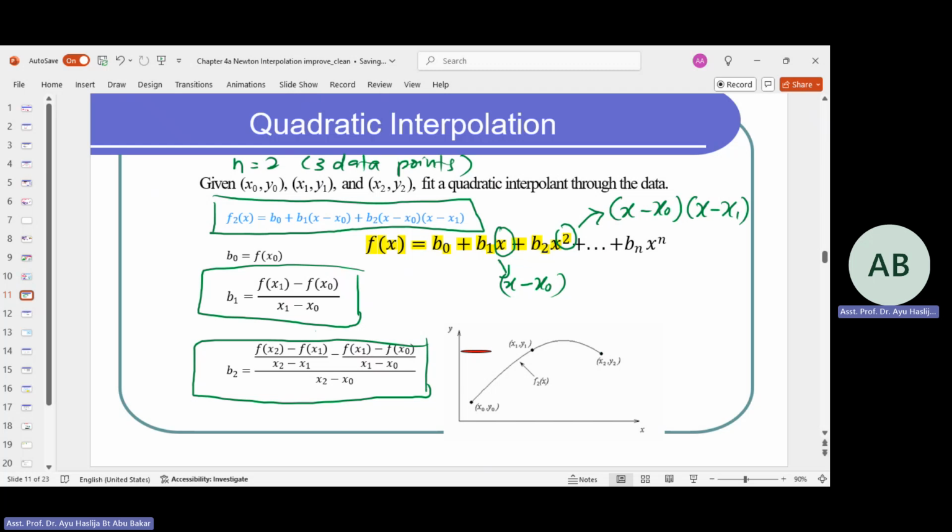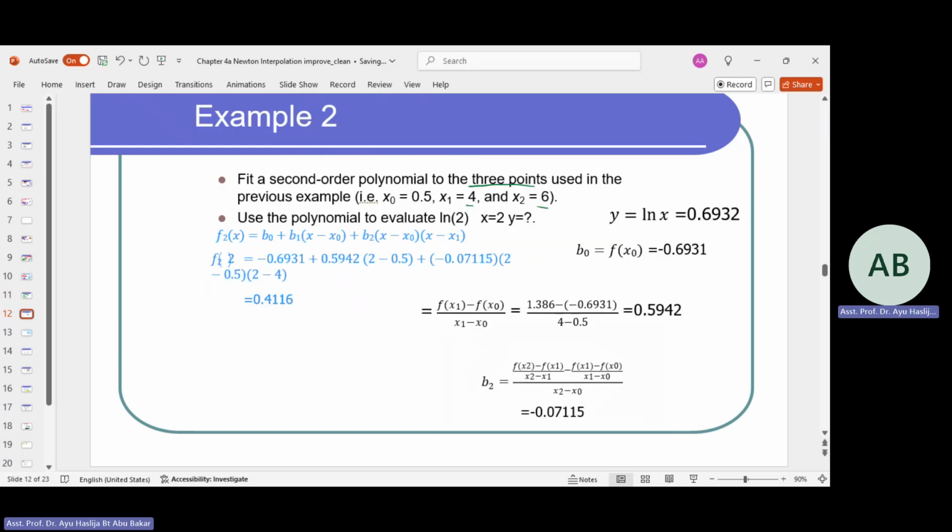Okay, so we move to the next example. Now it asks you to fit second order, n equals to 2, so you should have 3 points. Here it gives you x0 is 0.5, x1 is 4, x2 is 6.